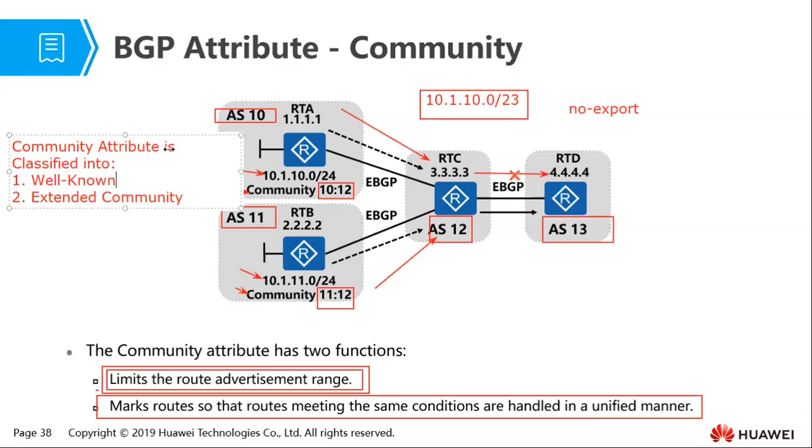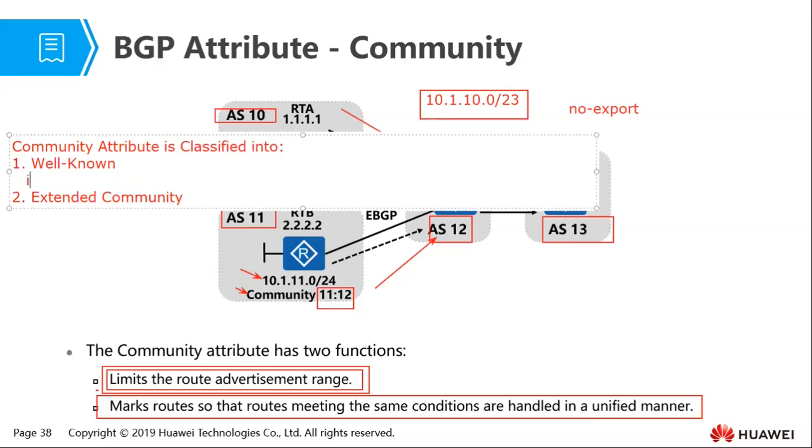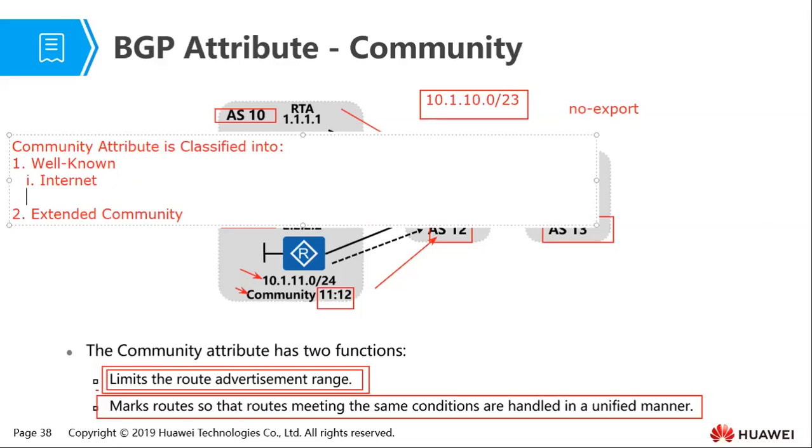Now, we have four well-known community attributes. The first one is known as the internet. The second one is what we've just looked at, no export.